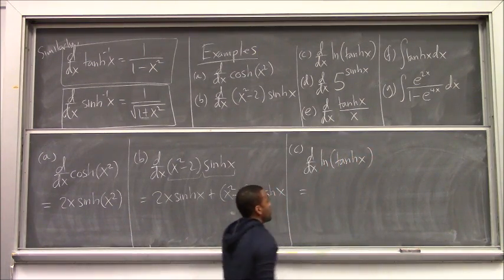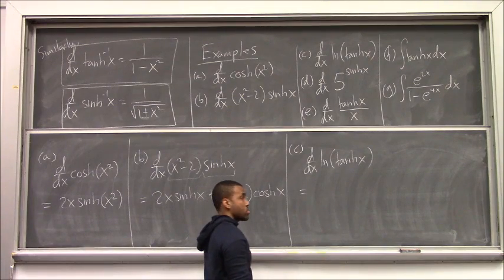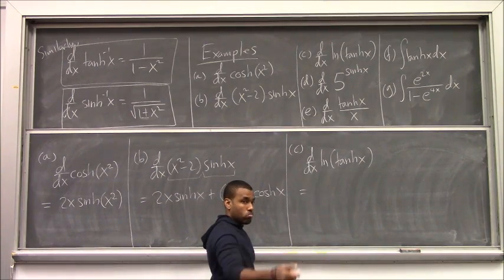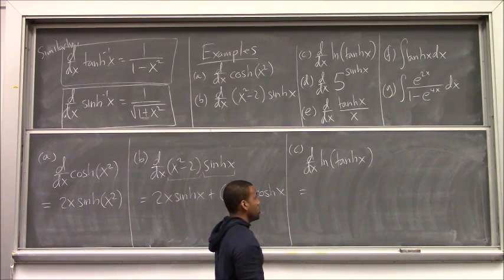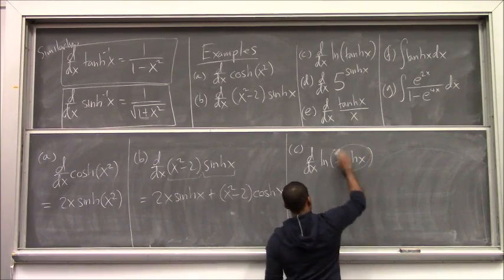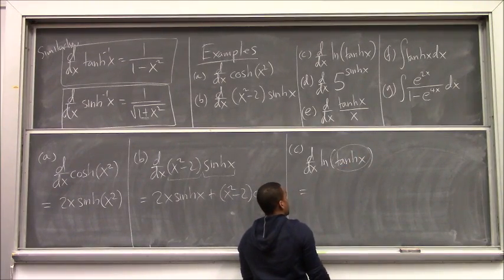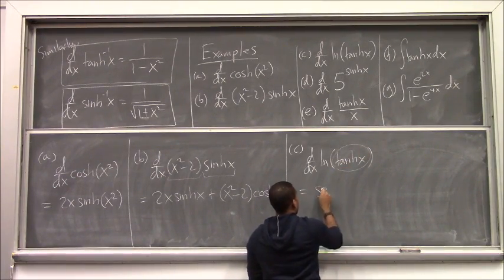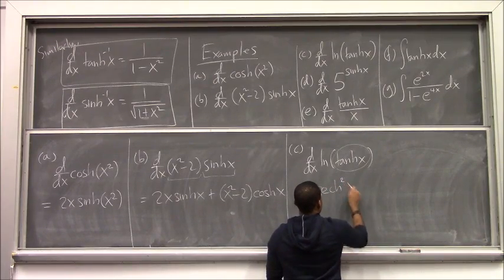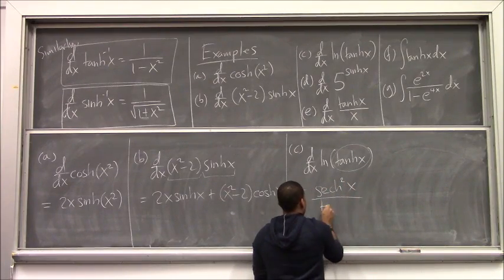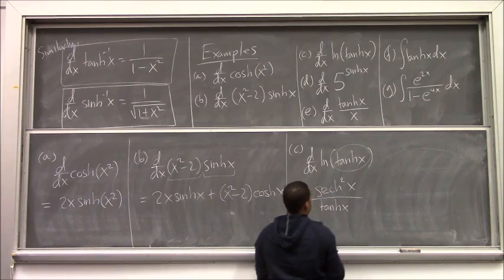How do you do this? Yeah, u prime over u. So this is our u in this case. And what's u prime? Hyperbolic secant squared over that guy. Can we simplify that?